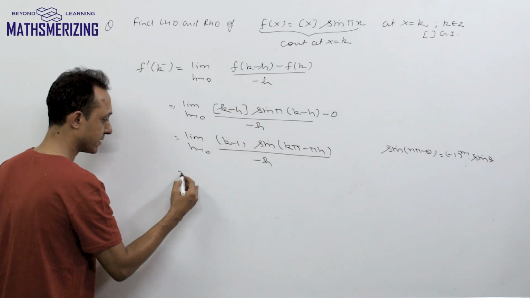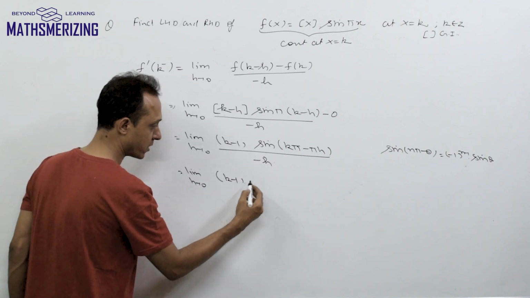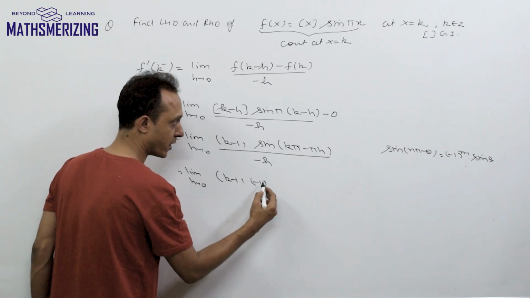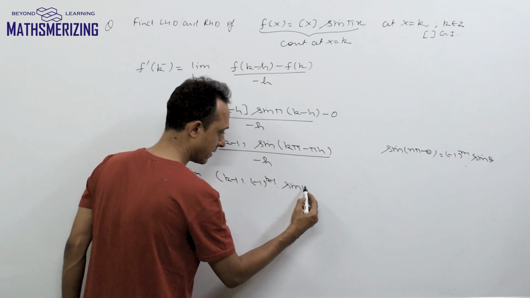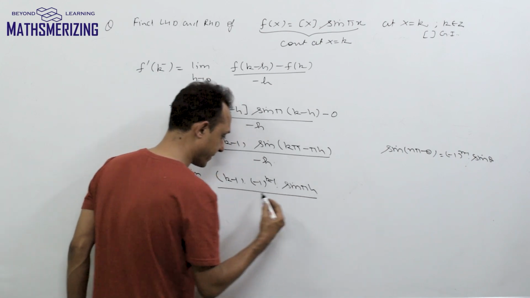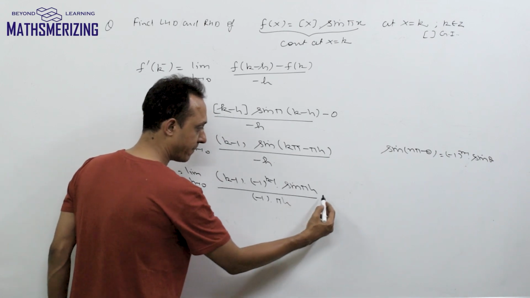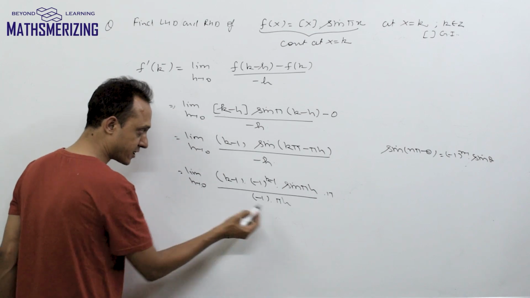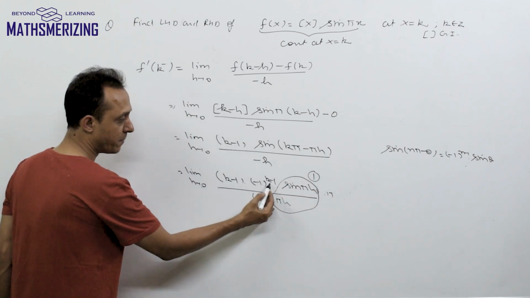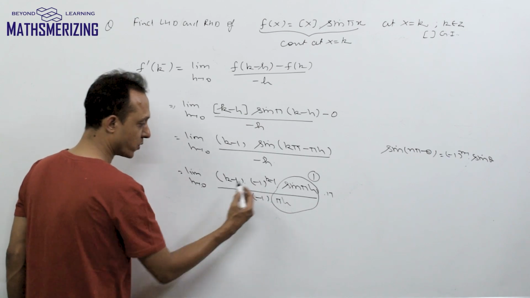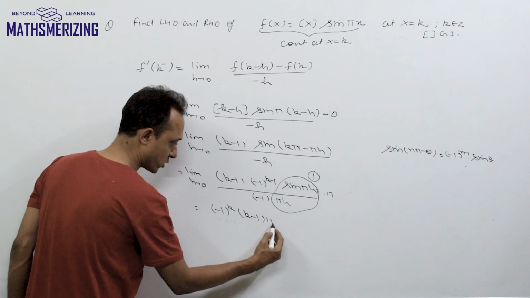So I can write it as limit h tends to 0, k minus 1, and sine k pi is minus 1 to the power k minus 1 into sine pi h, and this is minus 1 and then h. So what I'll do is I'll multiply pi with pi. Now because h tends to 0, sine x upon x will be 1. Now minus 1 to the power k upon minus 1, so it will be minus 1 square, minus 1 to the power k into k minus 1 into pi.